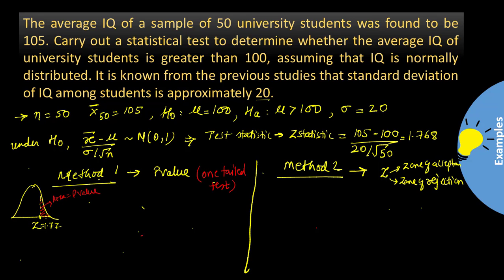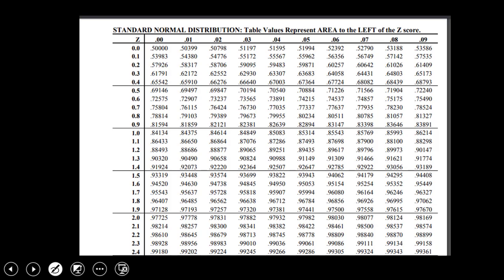How can we calculate this area? This area can be calculated from the Z distribution table, since the values of the table represent area to the left of the Z score. Our Z score is 1.77, so we select the proper row, that is 1.7, and the proper column, that is 0.07.